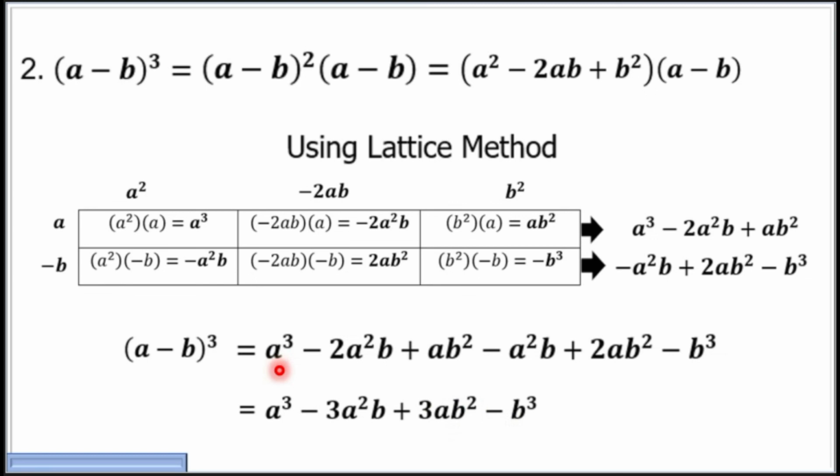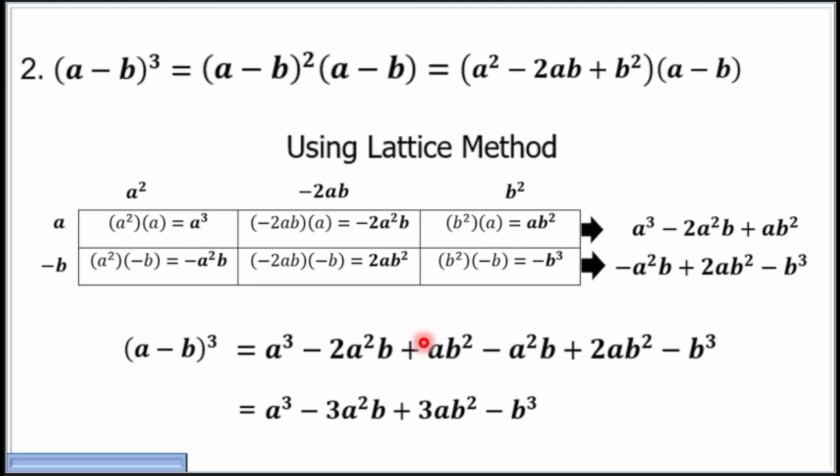A cube has no match, so bring it down. There are like terms a squared b with the same sign, so add 2 plus 1, which is 3. Copy the variables and exponents.